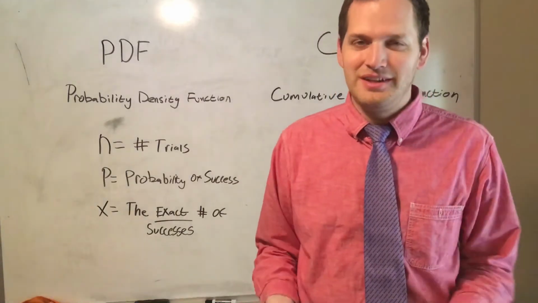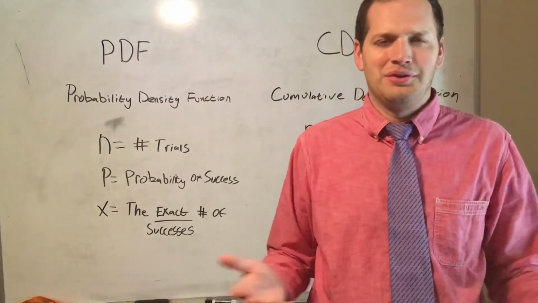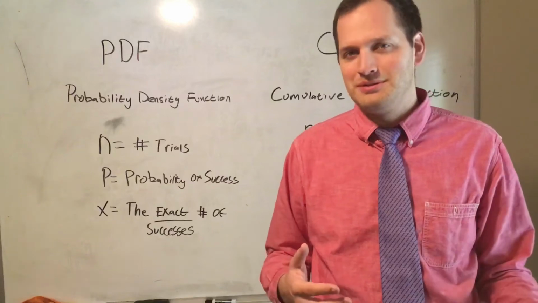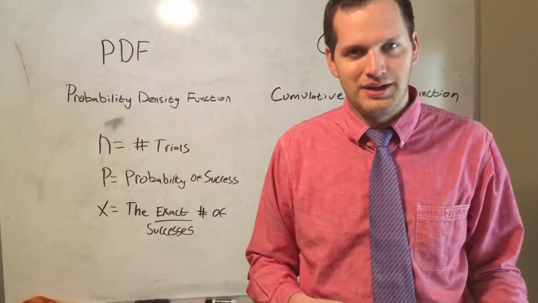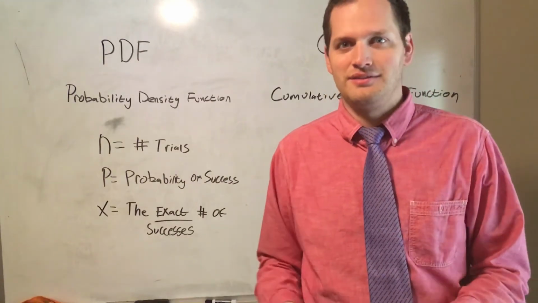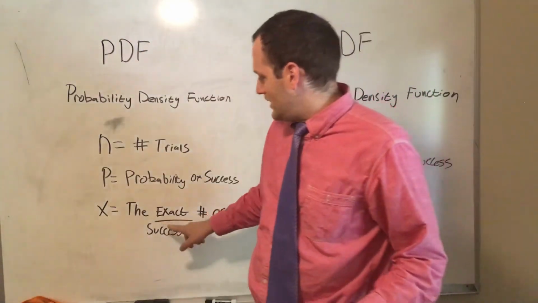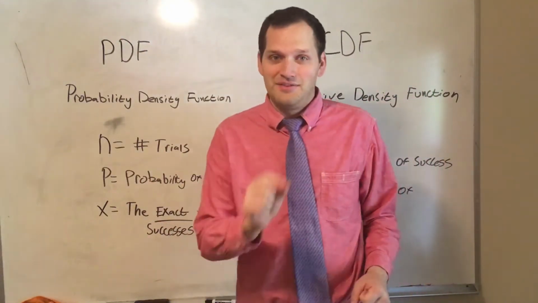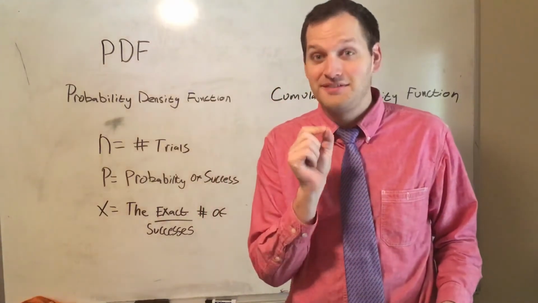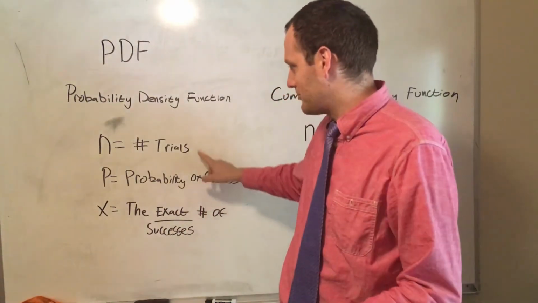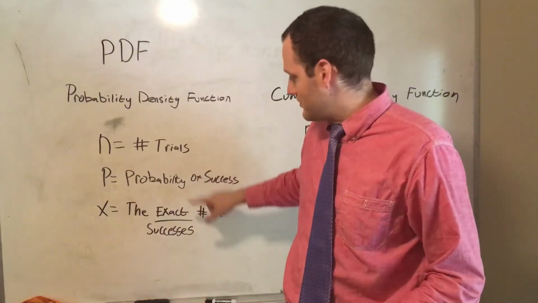Are we guaranteed to get 17 every time? No, that's not what we're looking for. We're looking for what is the probability that if we roll it 100 times, we will get 17 6s? That's a PDF. If you notice, the key word here is exact. There's an exact number of successes, not of trials, not how many times we roll it, but of how many successes there are.